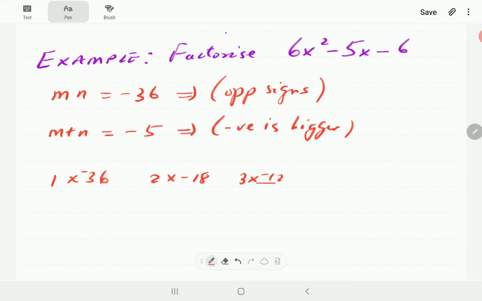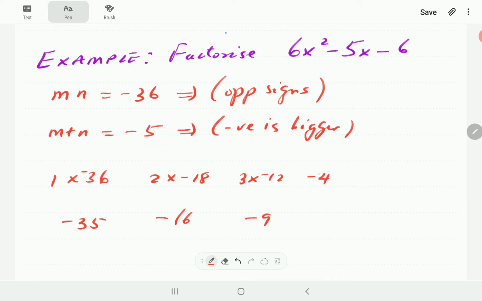Now along this column we're doing the product, along the lower column we're going to do the sum. So here if we do negative 36 plus 1, we're going to have negative 35. Negative 18 plus 2 is going to be negative 16. Then negative 12 plus 3 is going to be negative 9.